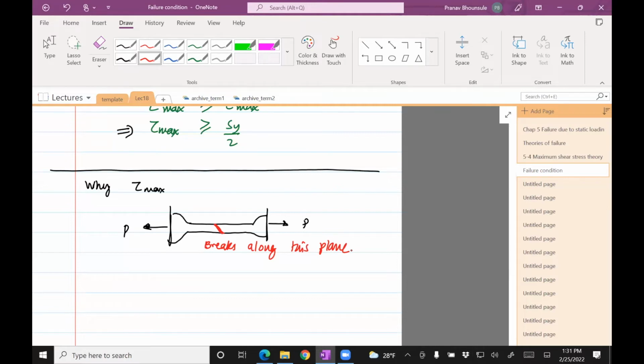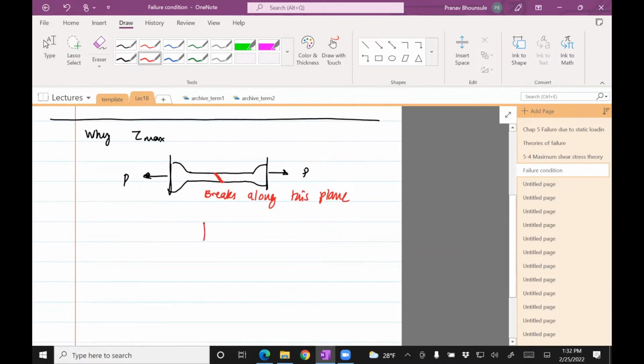Okay, and when people saw that it breaks at that angle, they asked the question, what stress is maximum at that angle at 45 degrees, right? It's the shear stress, because remember that when it's at 45 degrees on that plane element, it is at 90 degrees on the Mohr circle.